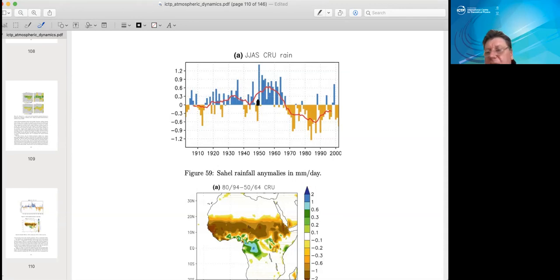And in fact, people have done that. So they have taken this curve and correlated it with global sea surface temperatures. And indeed, the El Niño phenomenon is something that comes up from that analysis. But then there are other ocean basins like the Indian Ocean and also the Atlantic that seem to play a role. But that's not the main issue here.